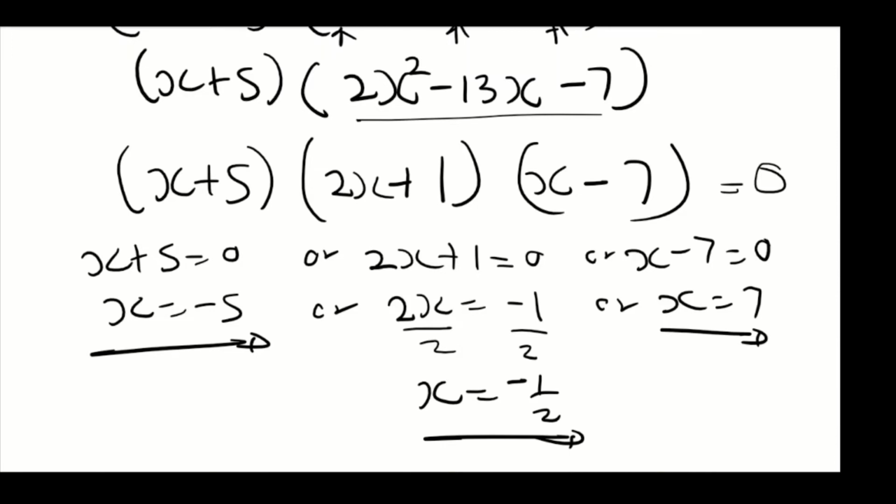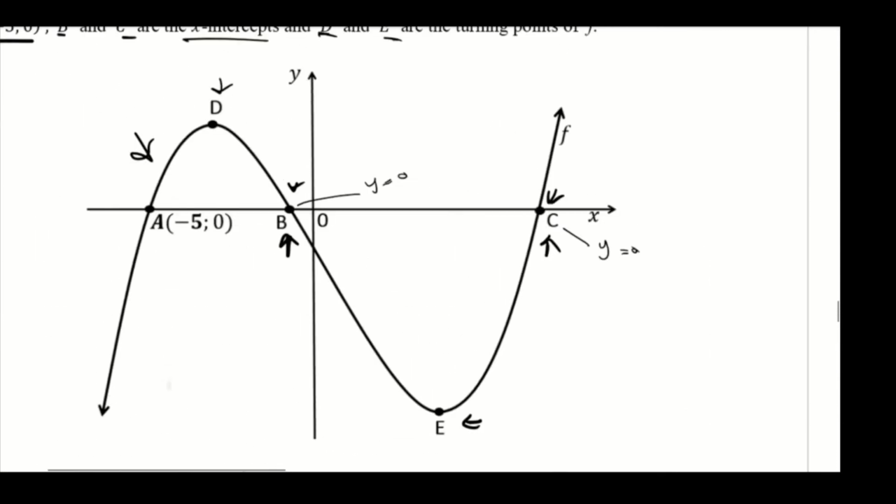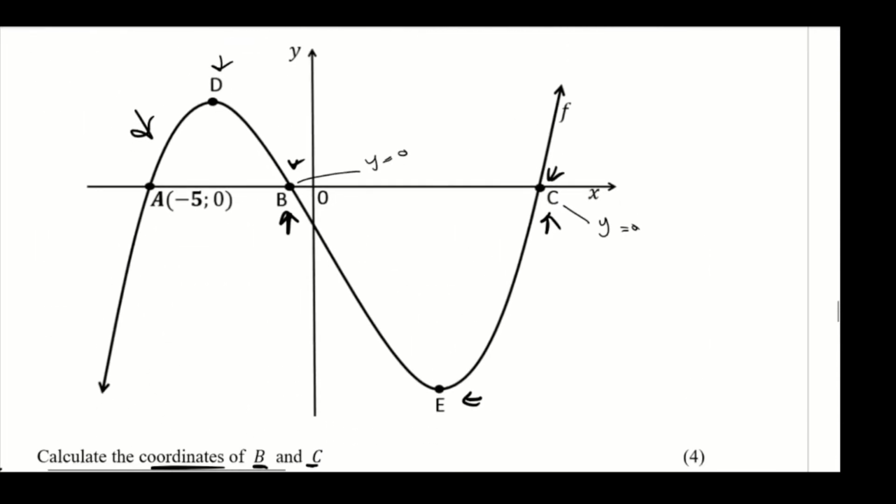But we want the coordinates of b and c. So for us to find the coordinates of b and c, we have to go back to our diagram, and note that we found the x-intercepts to be x equals minus 5, x equals minus 1 over 2, and x equals 7, right? So with these, they'll tell us where our b is and where our c is.